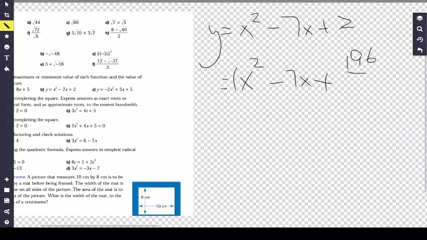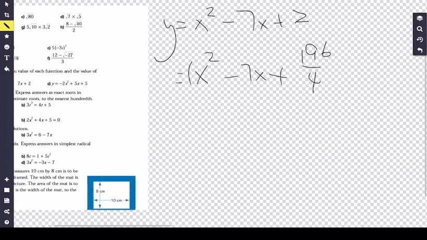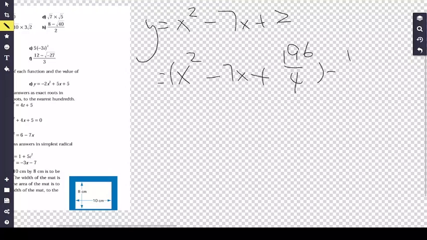what is it? 196 over, so we do 14 over 2, square that, 4, right? And then we minus 196 over 4. This is going to go ahead and give us x. What's half of 14 over 2? 14 over, oh wait, sorry, this is 16 here.